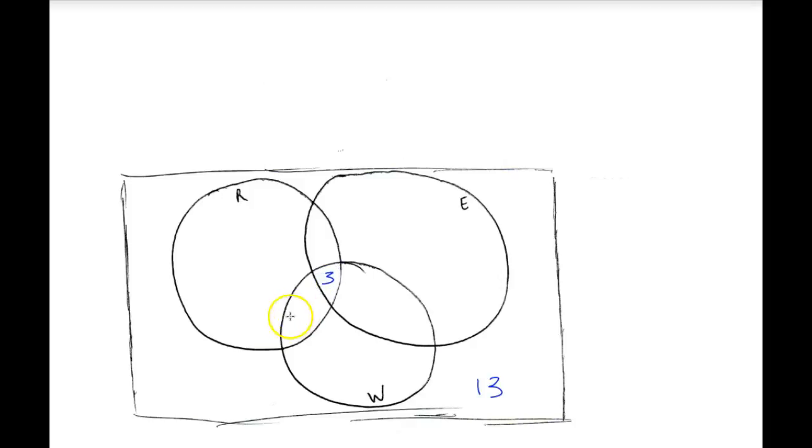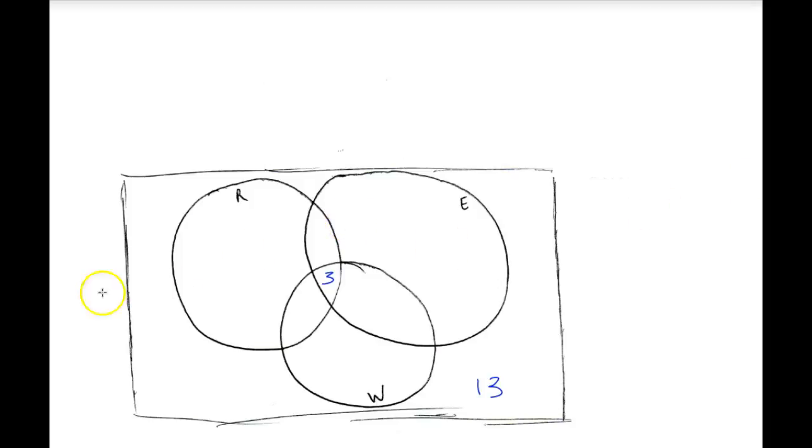And now that we've taken care of that, we have information about the intersection of R and E, the intersection of E and W, and the intersection of R and W. So let's go down our list and fill in the necessary information.